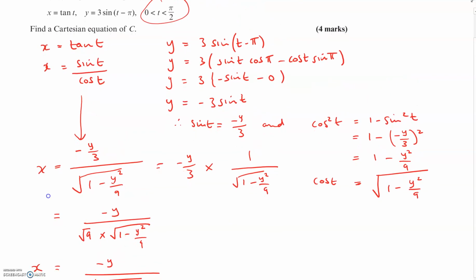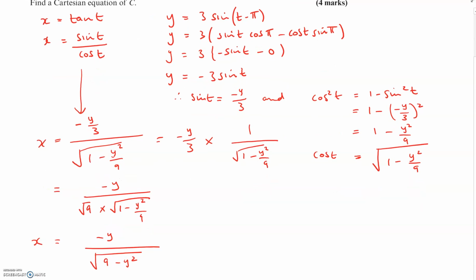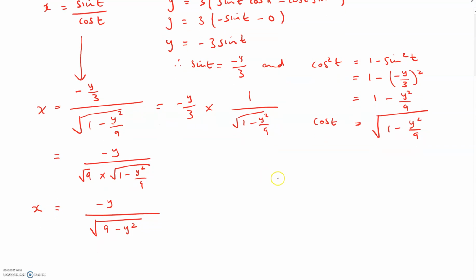We should. I mean, that is the Cartesian equation, but it's worth probably looking at what the x and y values do, so the domain and the range. So over here I'm just going to consider that and just say, well, what happens when t goes between 0 and pi by 2?